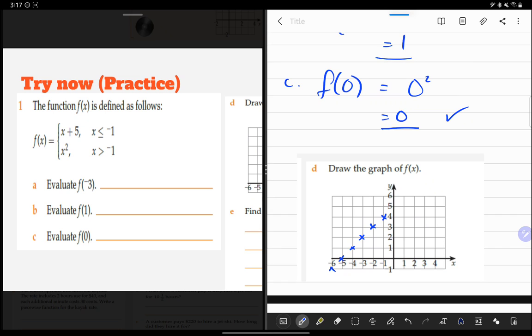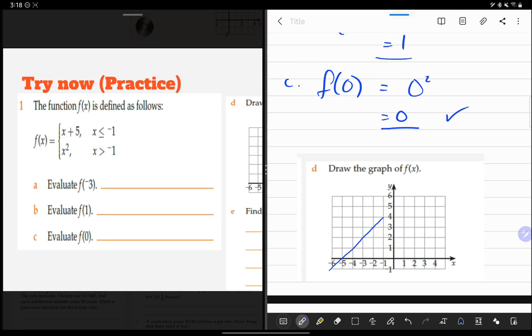Cool. Now, when x is greater than -1, we have x squared. So there we go. That x squared actually goes like that, like that, like that, and so on. And it curves upwards. Cool. Now let's draw these two. There you go.